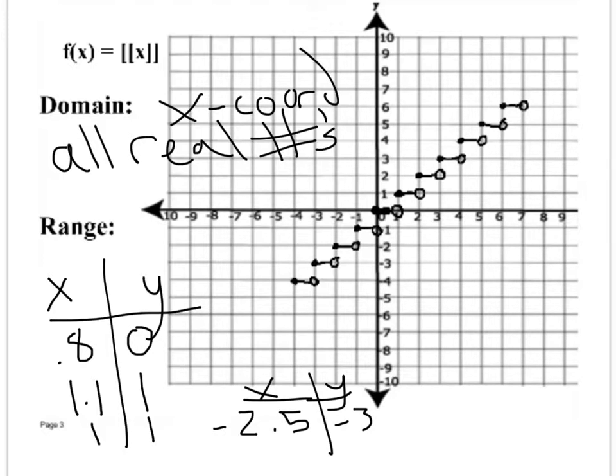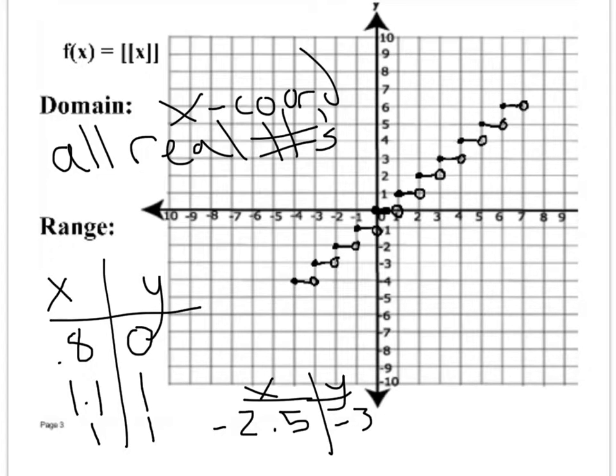My range, what's included in my range? All real numbers? No. Is 1.5 included? No. What's the only thing included for y's? Not whole numbers, but integers.